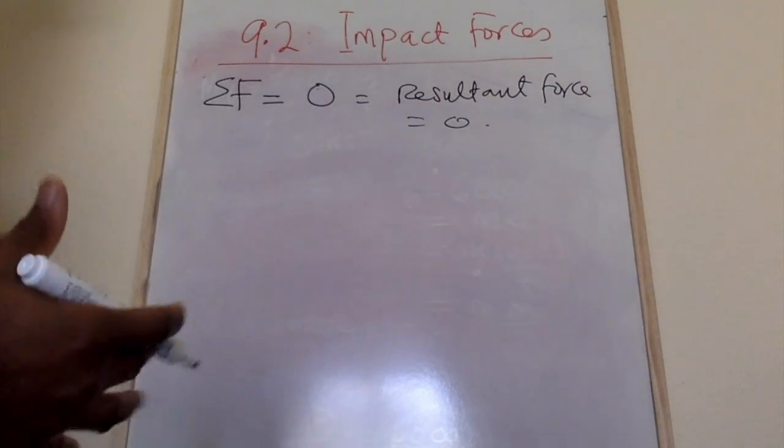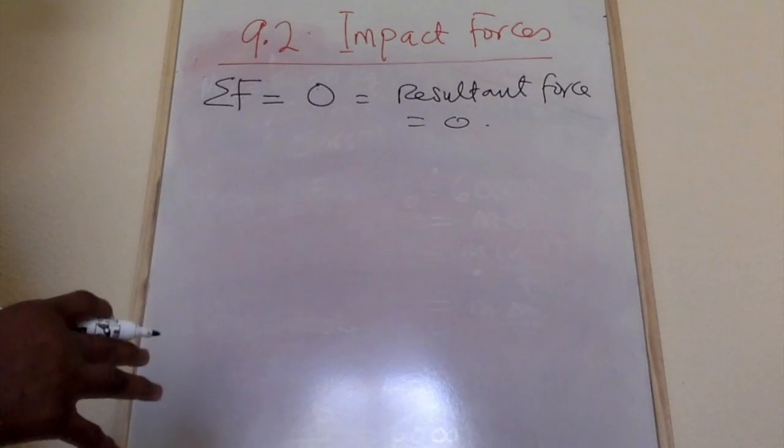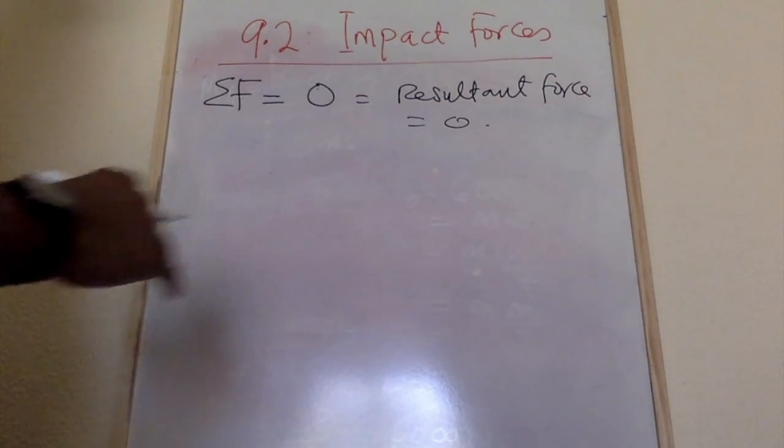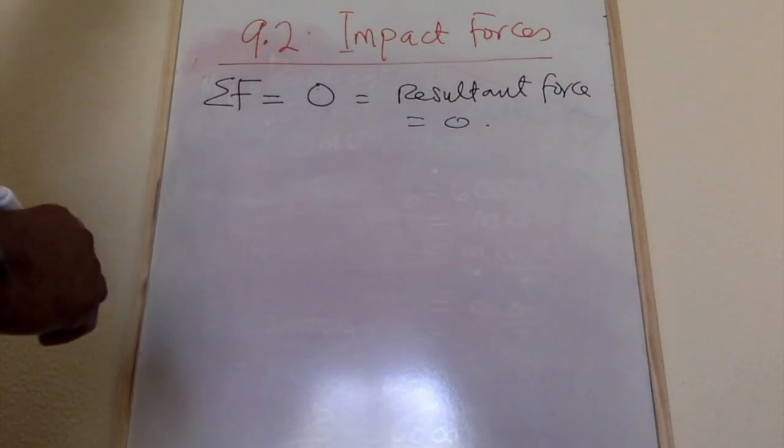What does that mean? It means unless there is a force, an object will remain stationary or will continue to move at a constant speed in a straight line, forever.